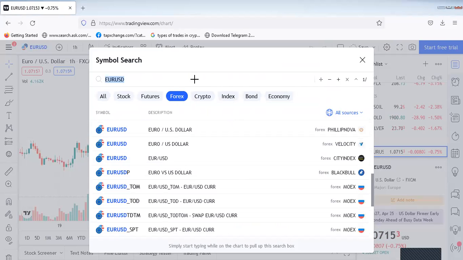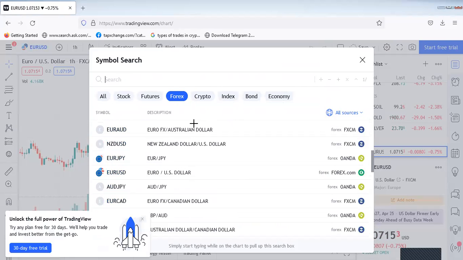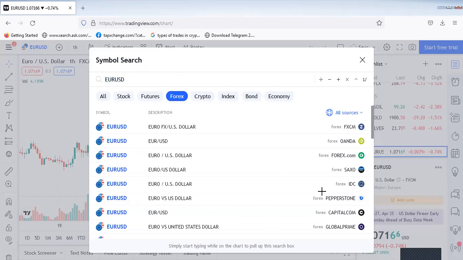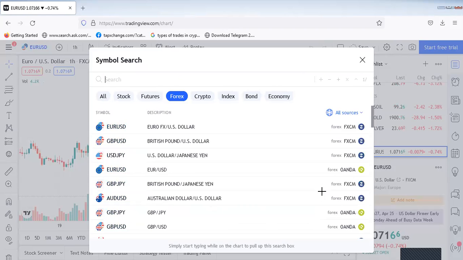Let me remove EUR/USD. You can see GBP/USD, USD/JPY, EUR/USD, GBP/JPY, AUD/USD, and so on and so forth. So let's say I'm on EUR/USD.